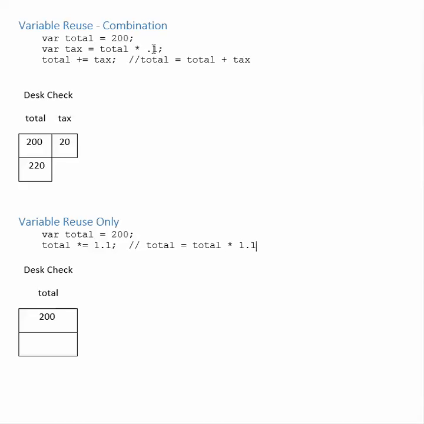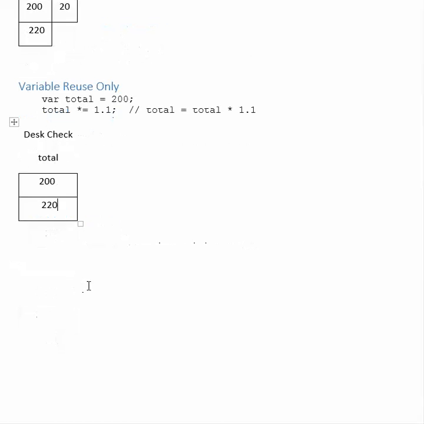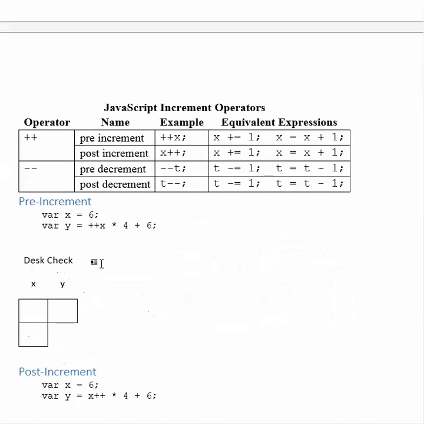You'll notice the only difference here is we added a 1.1, because as we know with multiplication, you'll end up with the same mathematics if we do that. So our answer here is total equals 200 times 1.1, which equals 220. So that's two simple desk checks there. Let's go ahead and scroll down and do a couple more real quick.